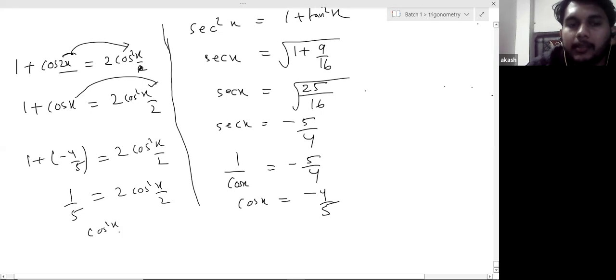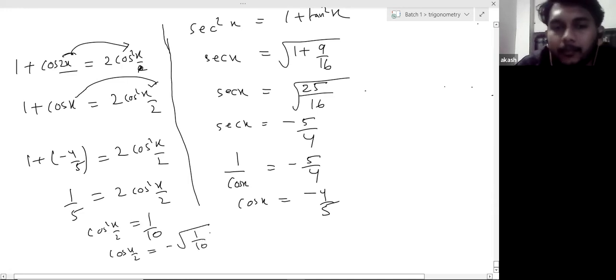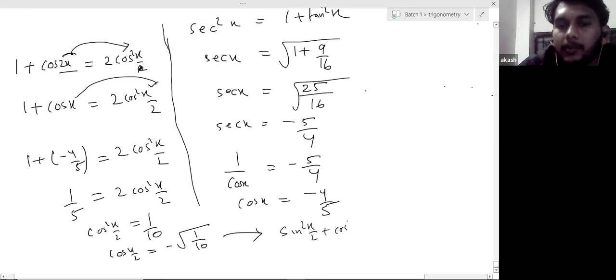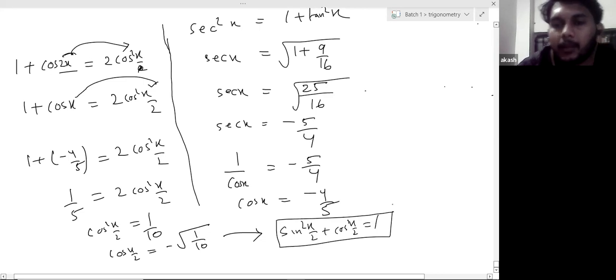So cos square x by 2 is 1/10. So cos x by 2 will be minus under root 1/10. All right. Now you can find sin x by 2, right? Using this formula, sin square x by 2 plus cos square x by 2 is equals to 1, right? Is this clear? Abdul, Arsalan, Shavya?